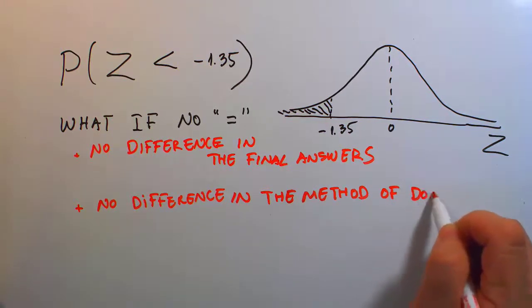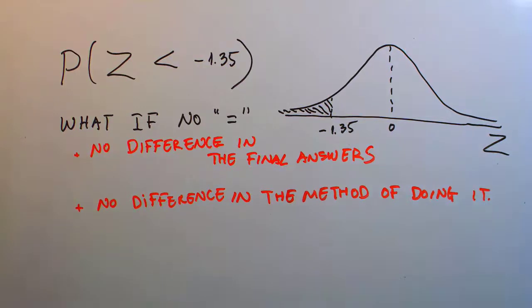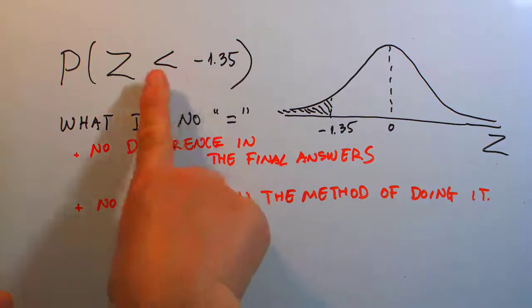So if you are using my LSND program, it's the same thing. You enter the designated z-score. It would be any other online tool that you're using, or even your calculator, or any other technological resource you have. And the way you do it is just the same as the way you were doing it when it had that equality sign.